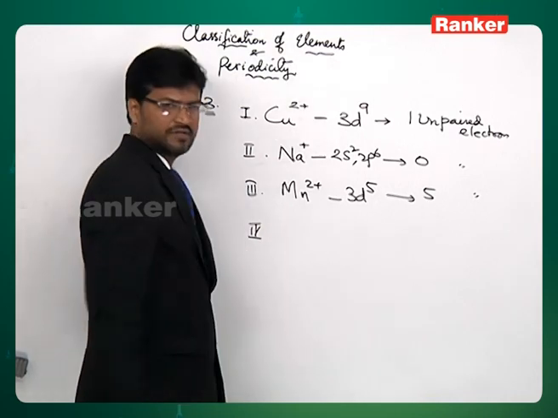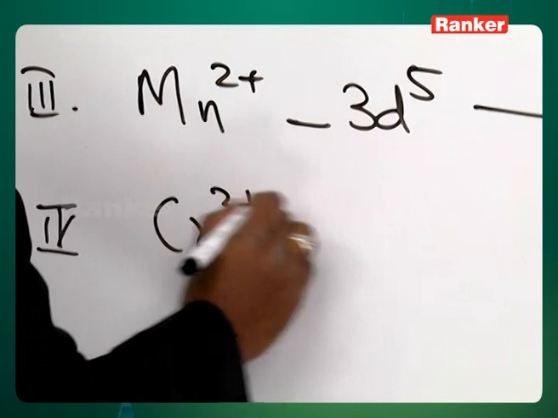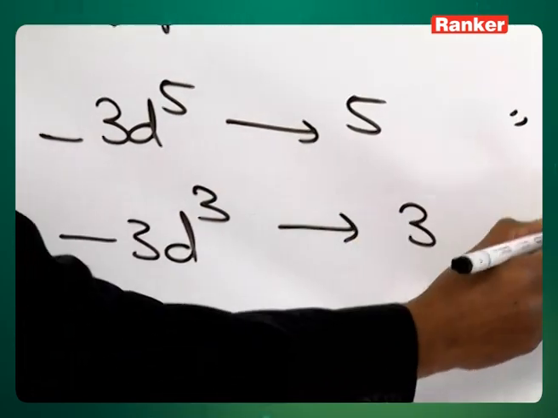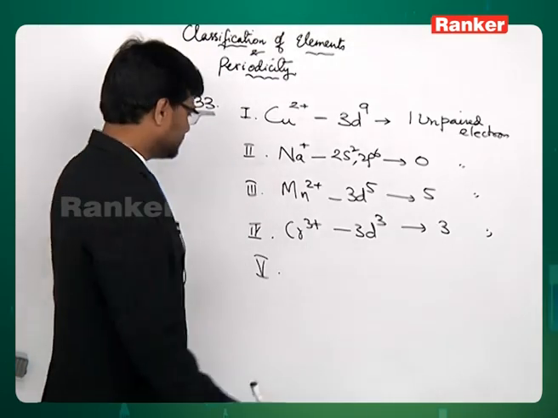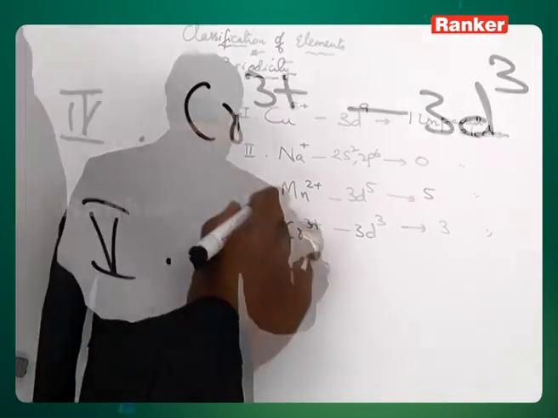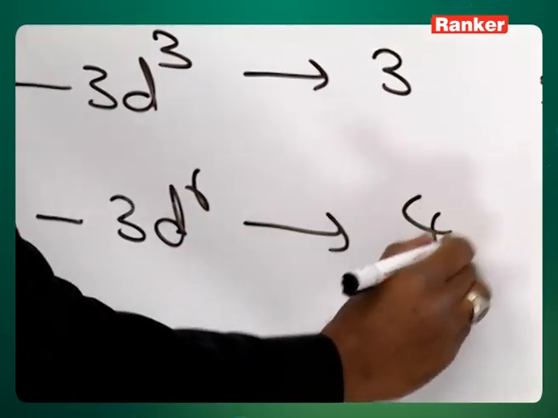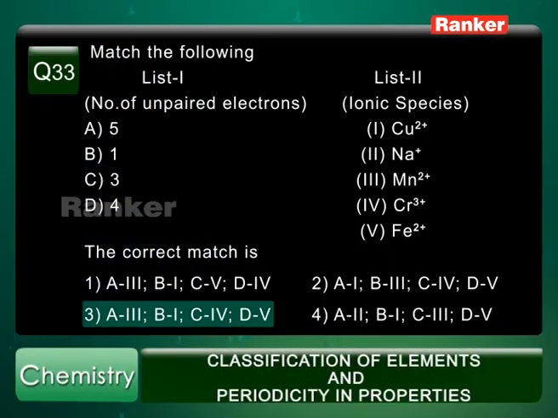Number 4 is Cr3+. Cr3+ is 3d3, it has 3 unpaired electrons. Number 5 is ferrous. Ferrous is 3d6, therefore it has 4 unpaired electrons. So the correct matching is the third option, A3, B1, C4 and D5.